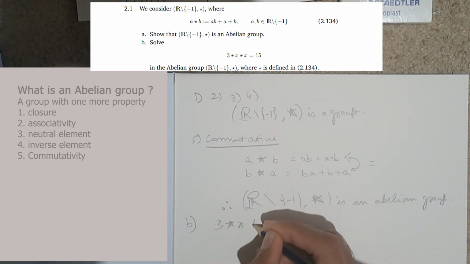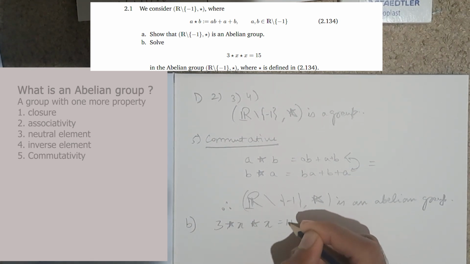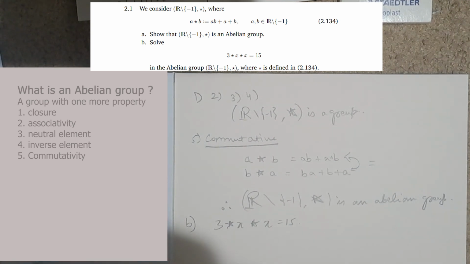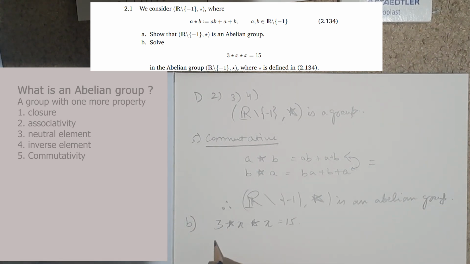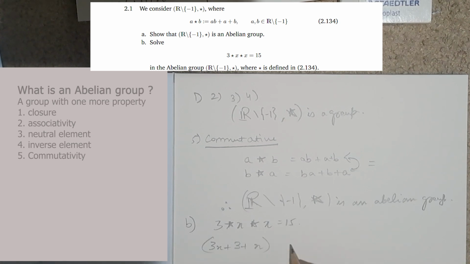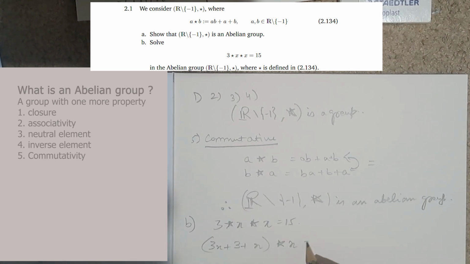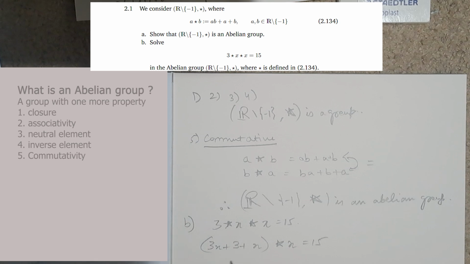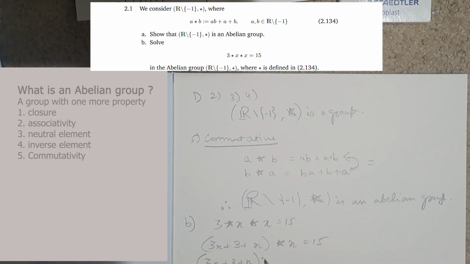Let's go 3 star x star x is equal to 15. That shouldn't be too hard. We'll solve this. So that will give us 3x plus 3 plus x star x is equal to 15. That gives us 3x plus 3 plus x times x plus 3x plus 3 plus x plus x.